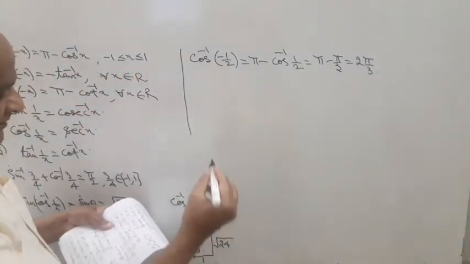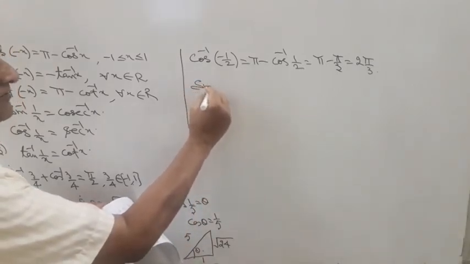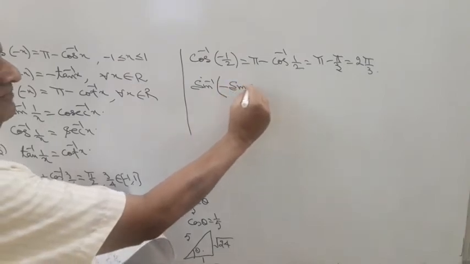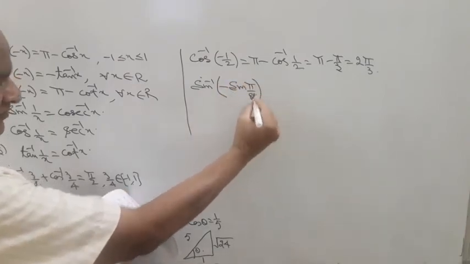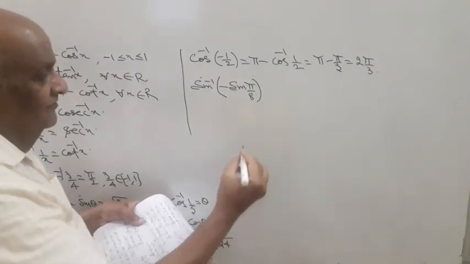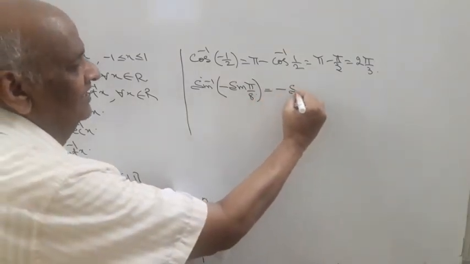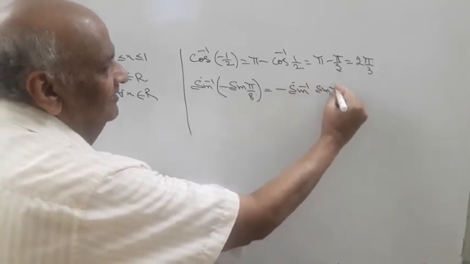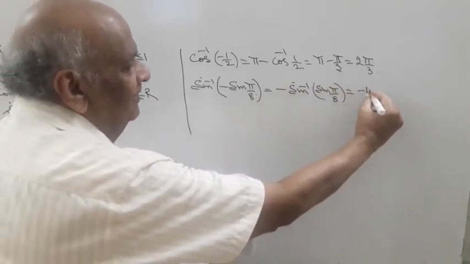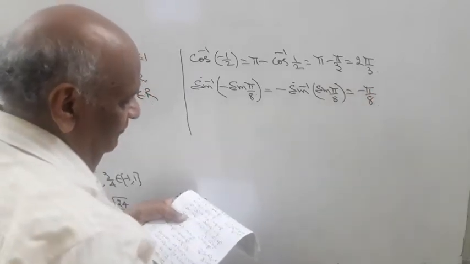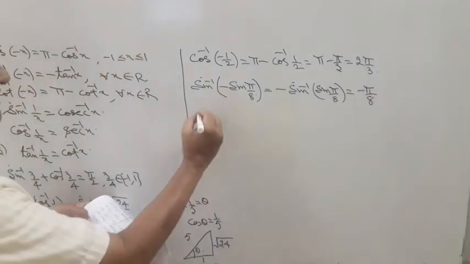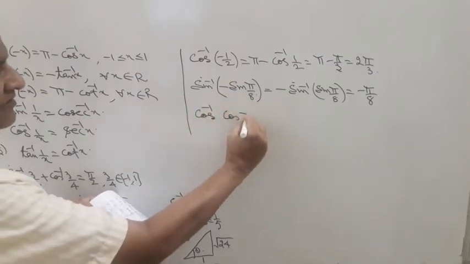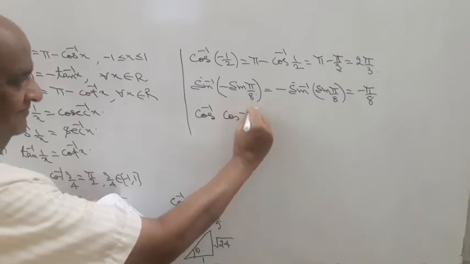Similarly, we can evaluate sine inverse of minus sine pi by 8. Look, it is minus sine inverse of sine pi by 8. This will go, minus pi by 8 is the value for this case. Similarly, we have cos inverse of cos 7 pi by 6, you must check these calculations.